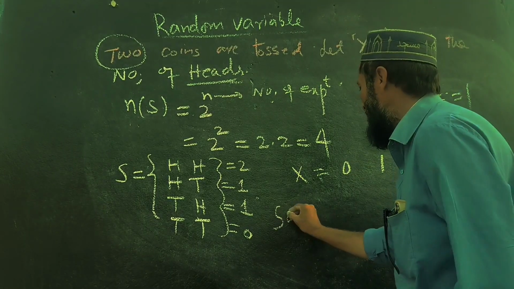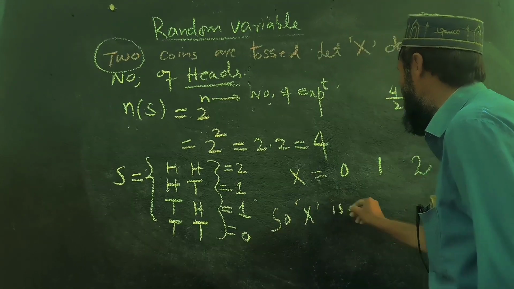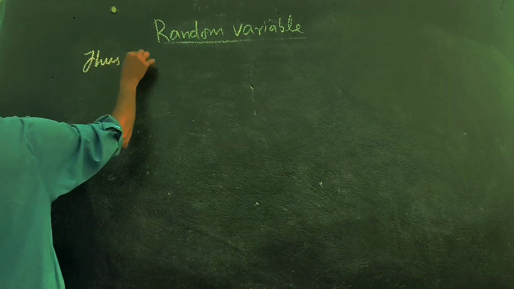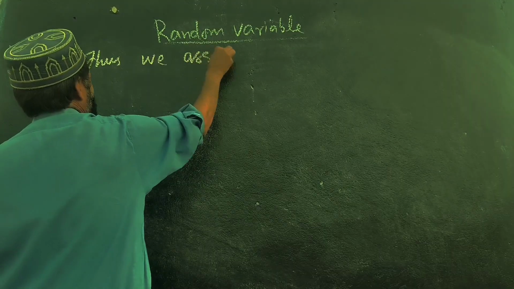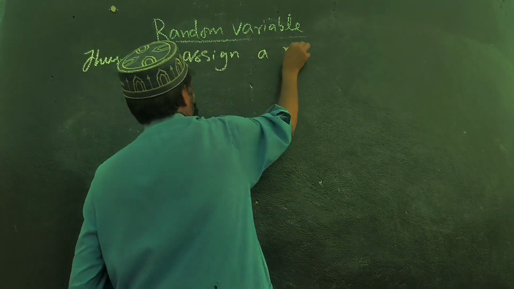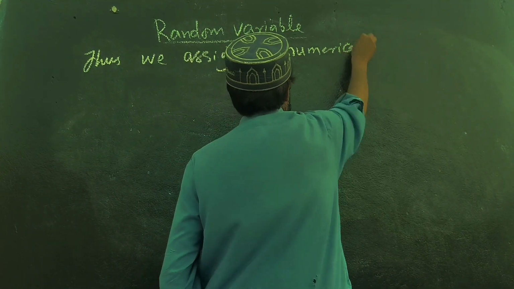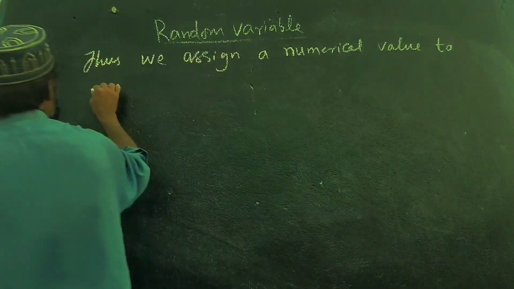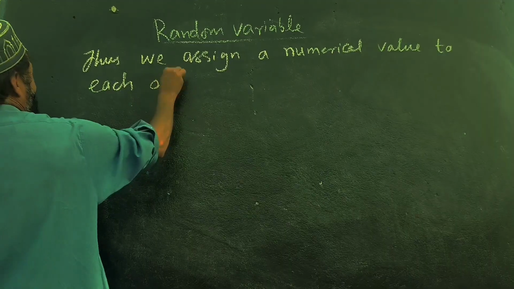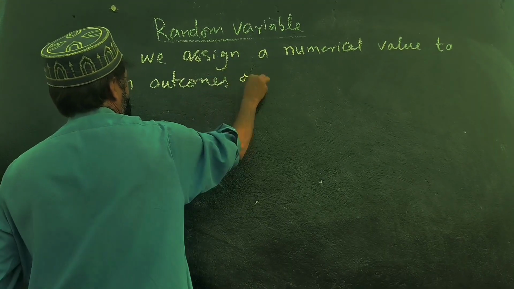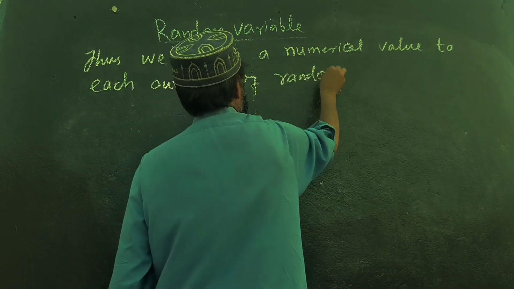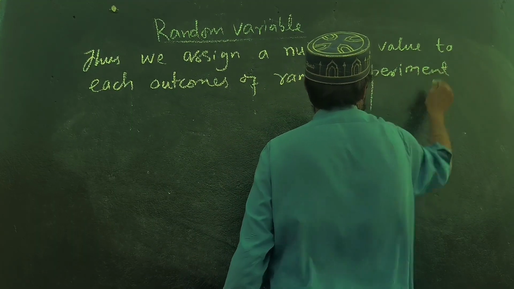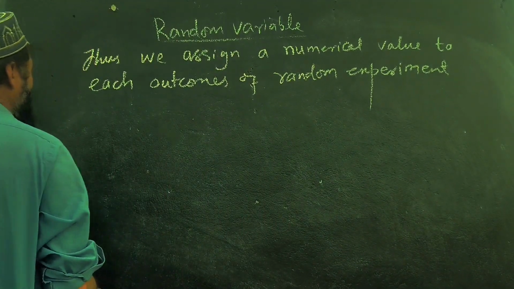So we can say that X is a random variable. We assign a numerical value to each outcome of a random experiment of the sample space.